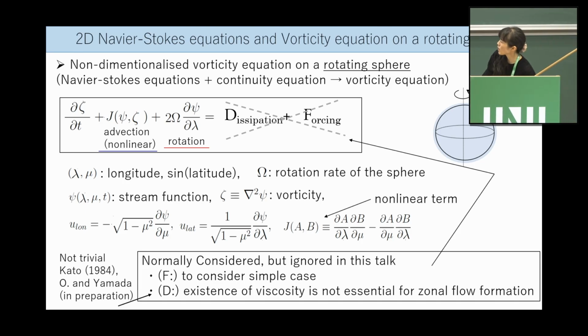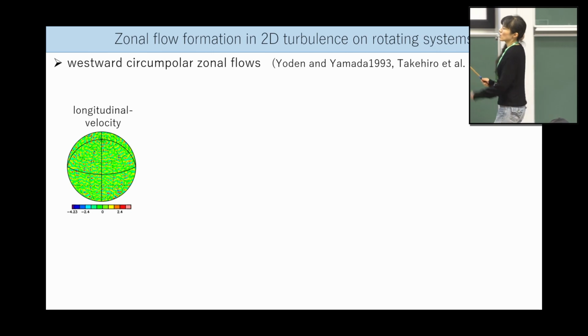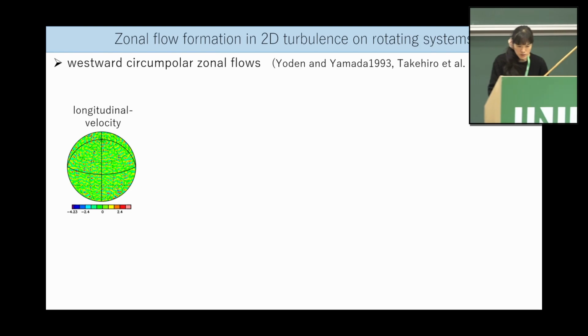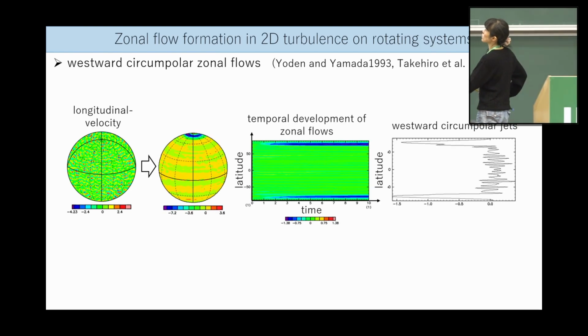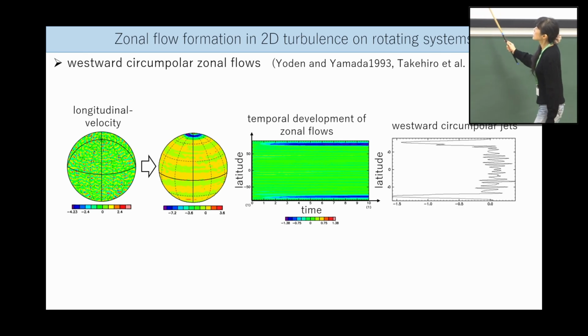So in this system, if we start from a random and uniform initial condition like this, this is the velocity field at t equals 0, we have westward circumpolar large-scale zonal flows after a sufficiently large time. Here, blue color corresponds to westward flow, and red corresponds to eastward flow.